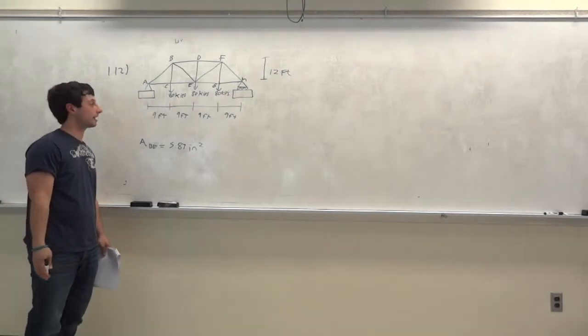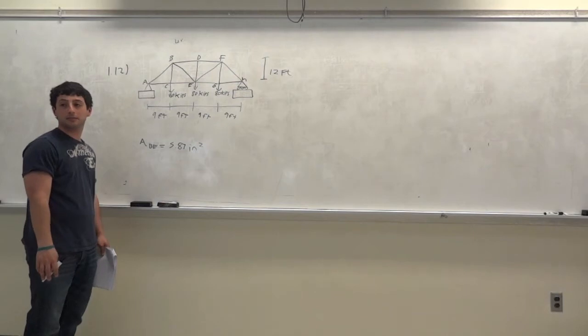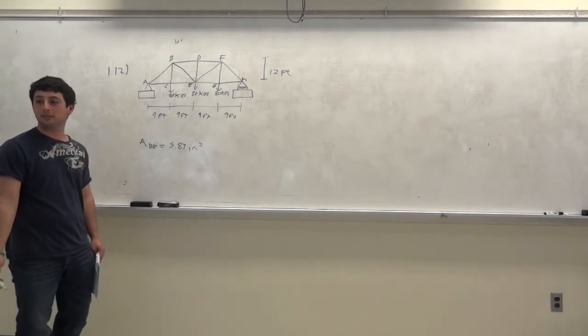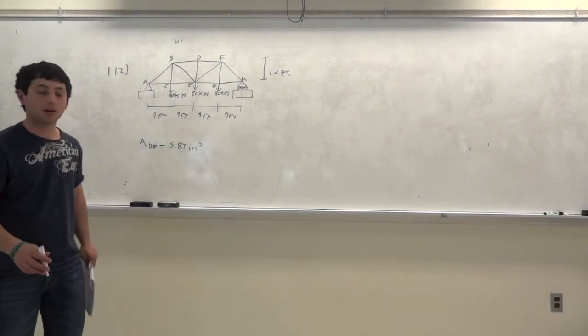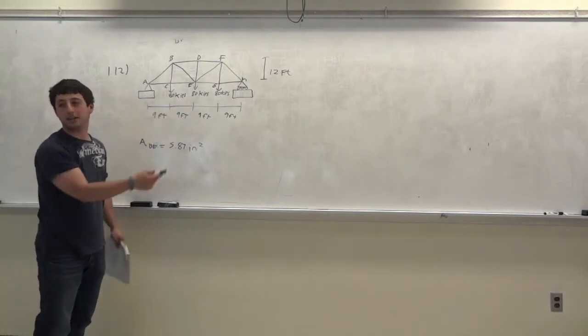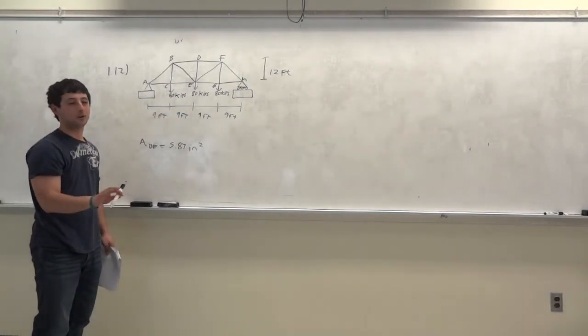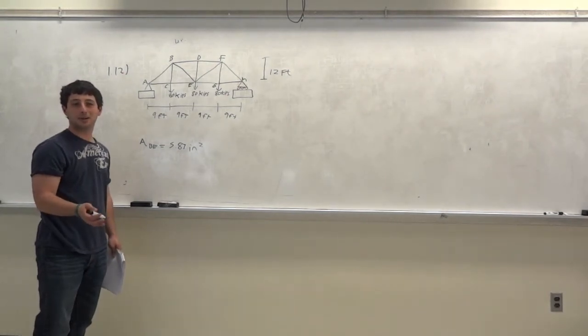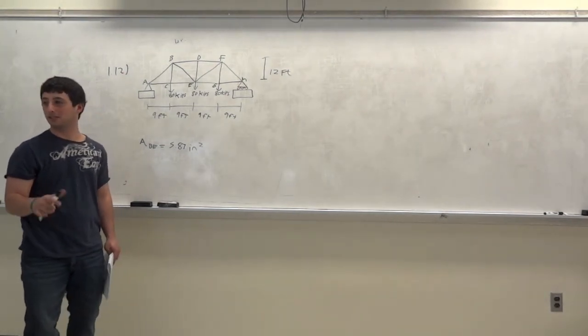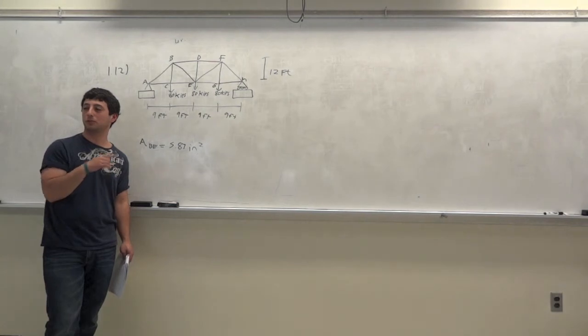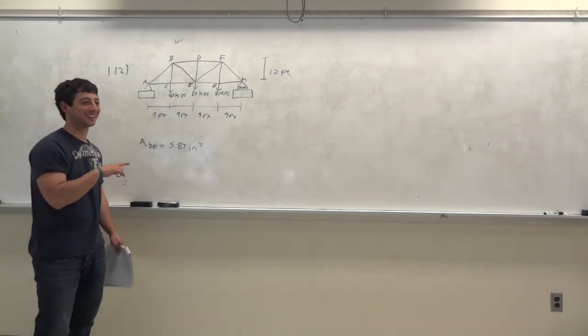Find the support reaction. Yes, of A and H, right? And then what would you do? No moments. Do you remember the method of joints, where you draw each joint? You guys forgot about it already.